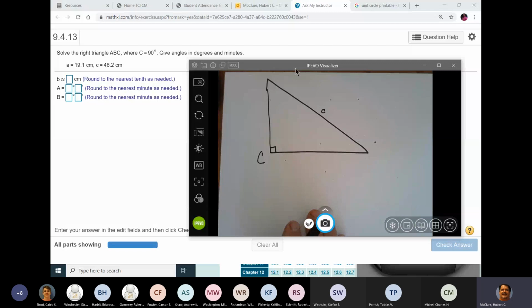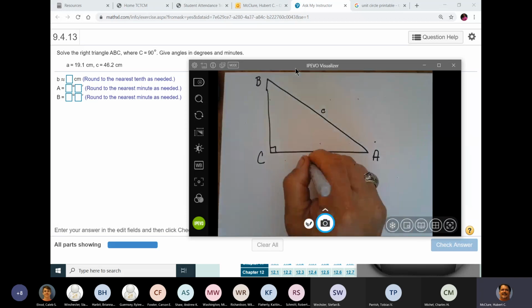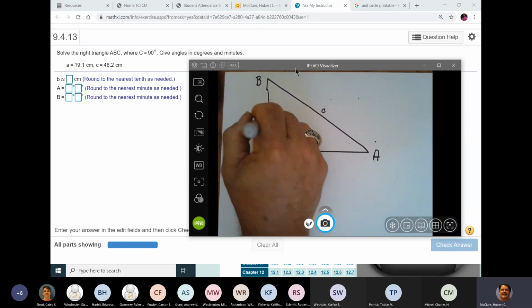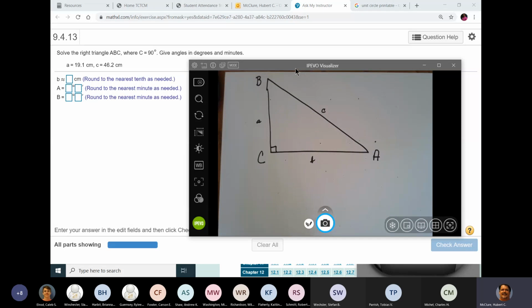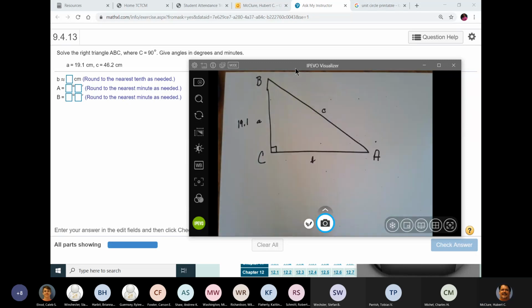Give angles in degrees and minutes. Traditionally, the one that's on the adjacent line is usually big A. And up here is big B. And this is little b, and this is little a. And they give us little a is 19.1, and little c is 46.2.